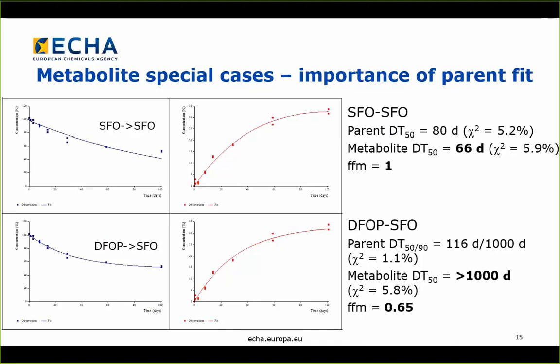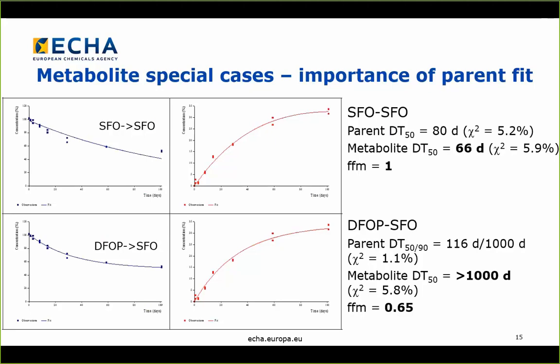There's hardly any difference between the metabolite fit, except to say that in this example, the metabolite DT50 is now over 1,000 days, whereas previously, with almost the same visual fit, the metabolite DT50 was only 66 days. So again, really important that you have a good description of the parent, because that parent fit also determines, to a great extent, your metabolite.